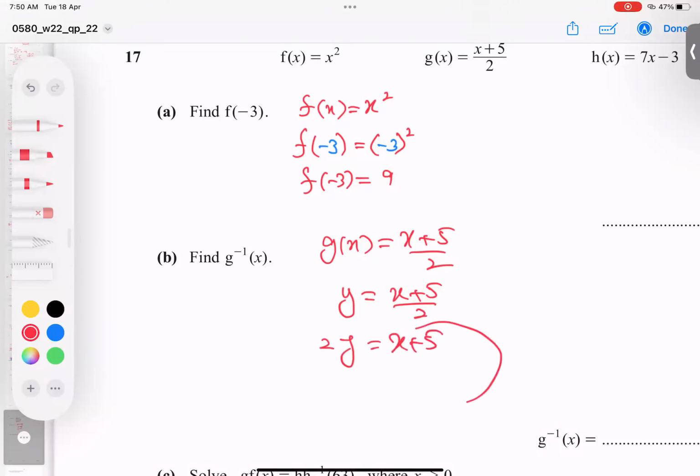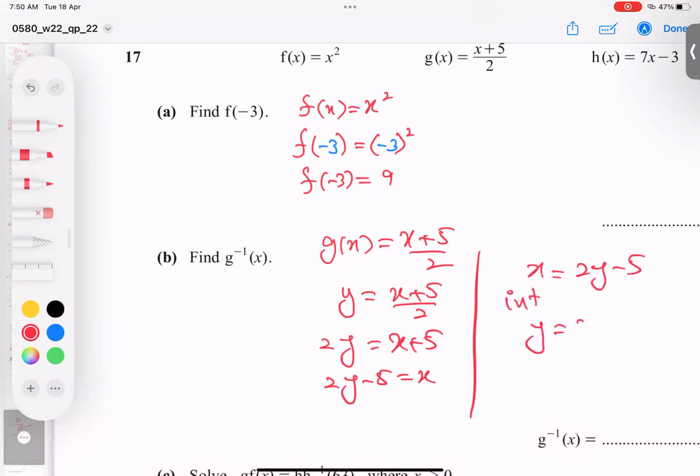Step number 3, this add 5 will go there, subtract. Now I will switch the sides, this becomes left and this will go right. When totally switching, no sign will change. And now the interchanging criteria: x becomes y and each y becomes x. And this y is replaced by G inverse. Alhamdulillah, I think you're understanding it well.